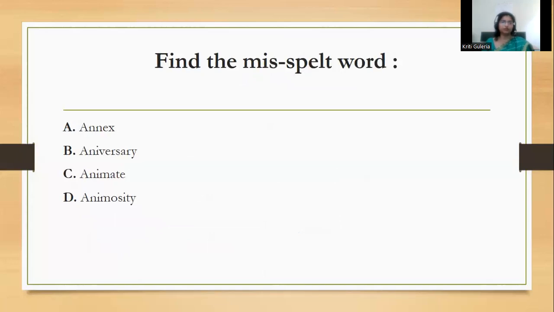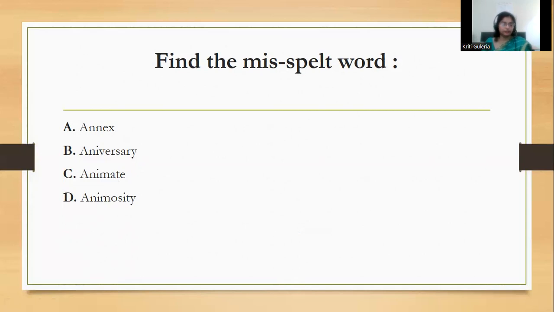It might ask you to find the misspelled word. All the words which are being given, three are correct, whereas only one is wrong. So you have to find out that misspelled word. So first word is annex. Second is anniversary. Third is animate. And fourth is animosity.